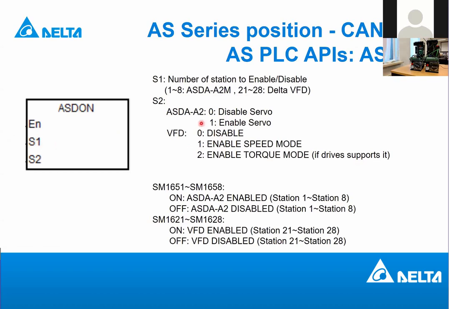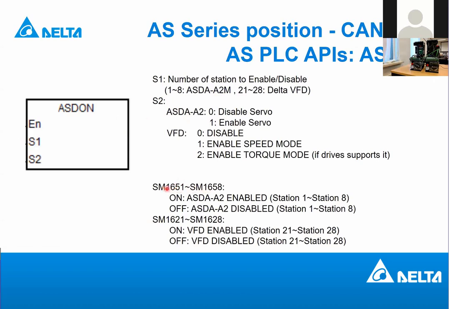So once you put the station address of these slaves on this operand, the command goes to that very slave that has the station address on this API. And once the drives are enabled, there's a feedback flag that tells you that yes, this drive has been enabled.